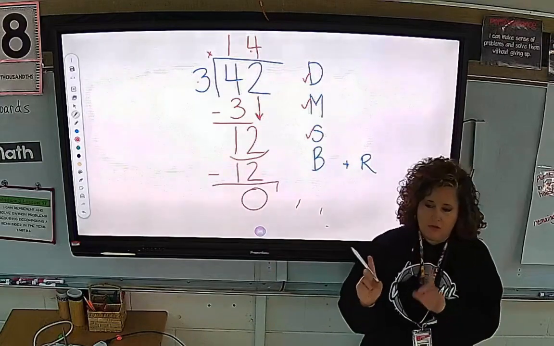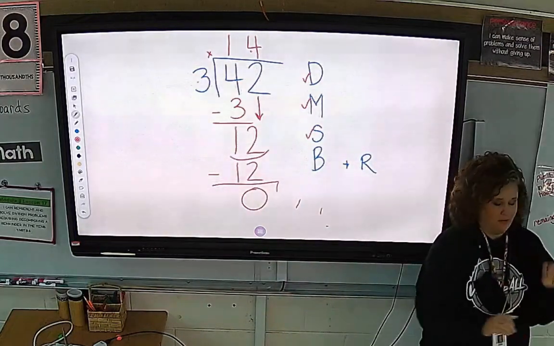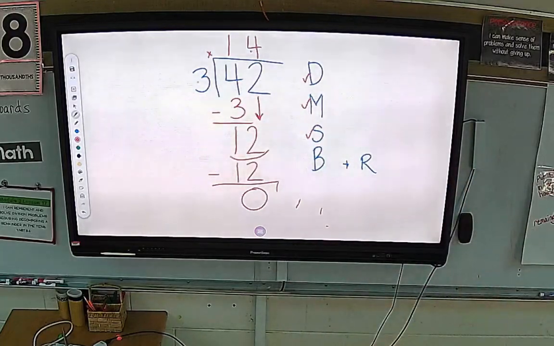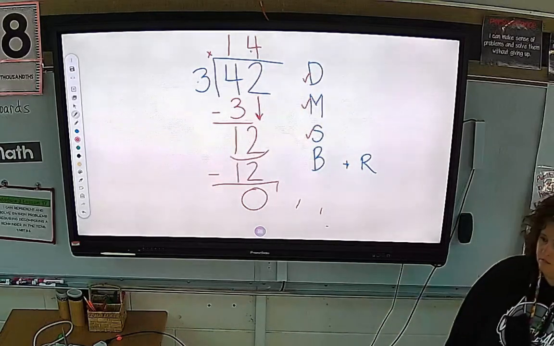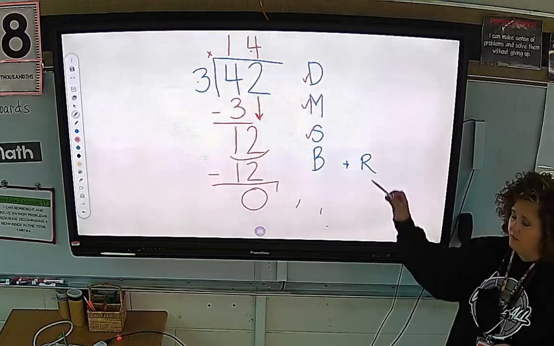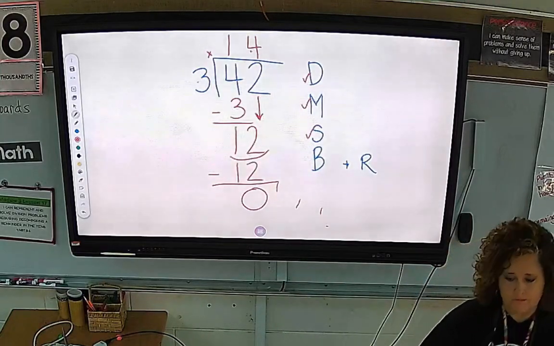So I'm seeing you know a lot of what to do, but just not sure where to put everything. Again, that just takes practice. I had trouble finding 12 minus 12. I thought I was supposed to subtract 4 from it. Well, I don't think you were the only one. I had trouble remembering.